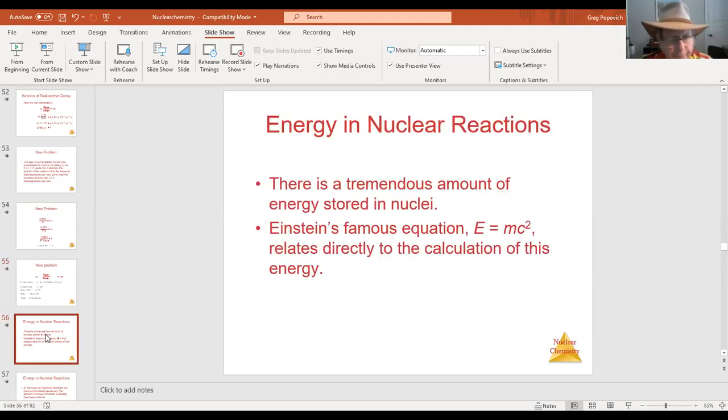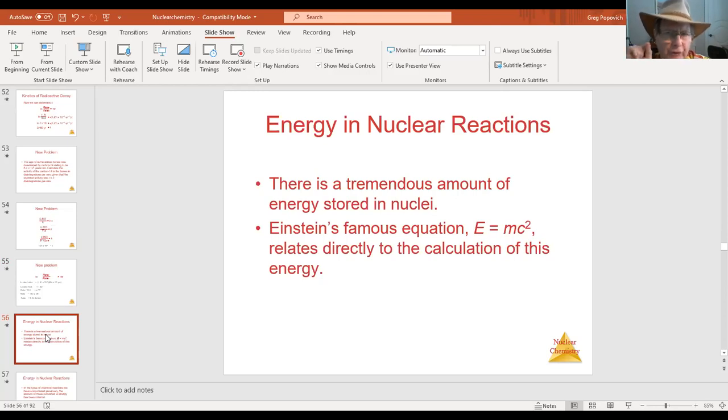All right. Now, there is a tremendous amount of energy stored in every nucleus. Way back in the early 1920s, when they started to look into this, they discovered, by using Einstein's equation, that the nucleus was losing weight.